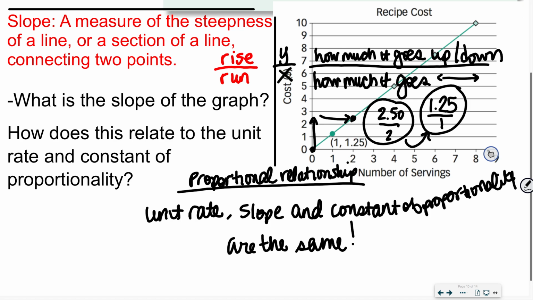If you find the slope of a line, you automatically know the constant of proportionality if it's proportional. Next week, we'll talk about lines that aren't proportional and how we find the slope. Still the same way that Jordan just showed us, but when our relationship is proportional, it's a straight line that goes through 0. All 3 of those values are the same: the constant of proportionality, the unit rate, and the slope.